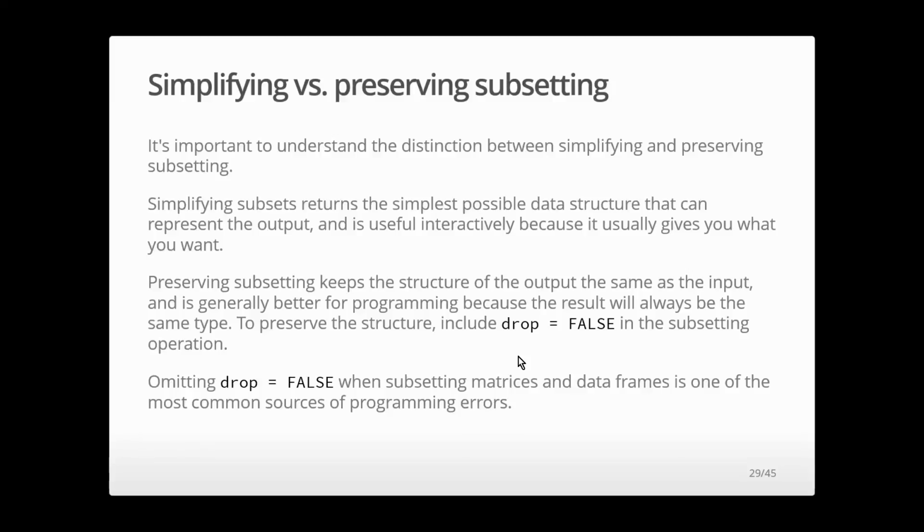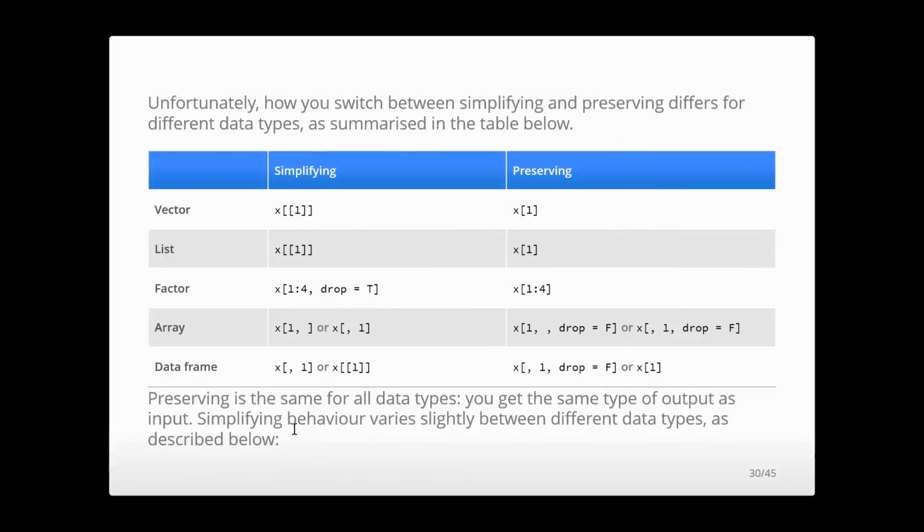And so sometimes if you're running into problems, it's because you're not using drop equals FALSE, and it's suddenly turning what you thought were matrices into simple vectors or something like that, okay? And you can use double bracket on a plain old one-dimensional vector, okay?